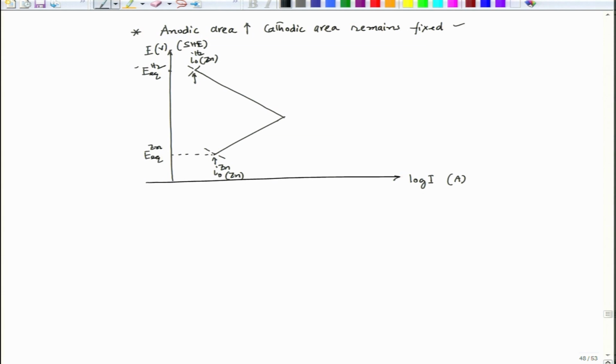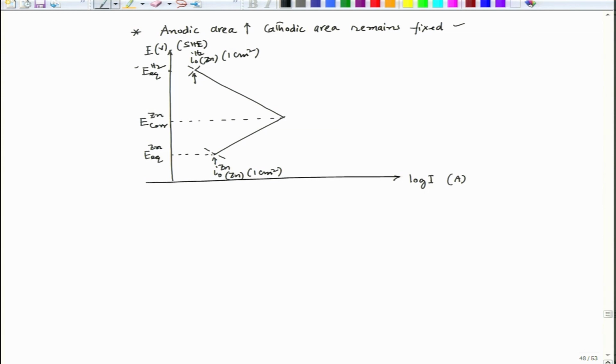We are considering 1 centimeter square, so this is with reference to 1 centimeter square, and this becomes my E corr of zinc.